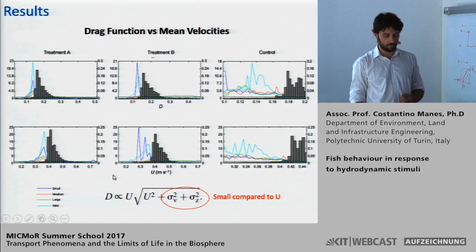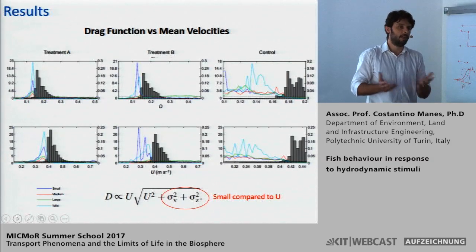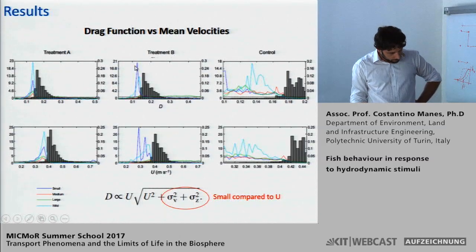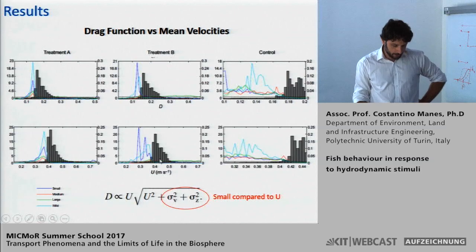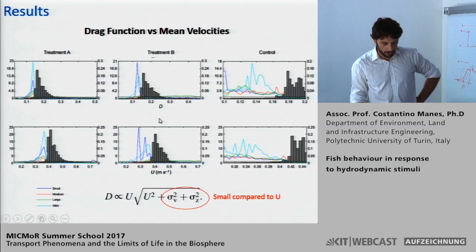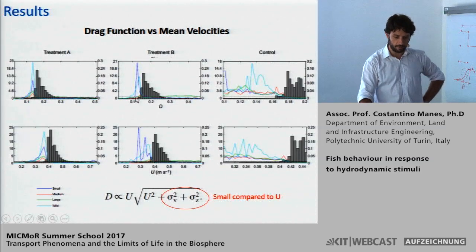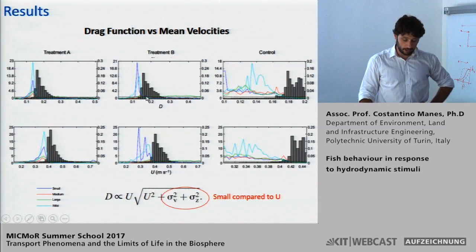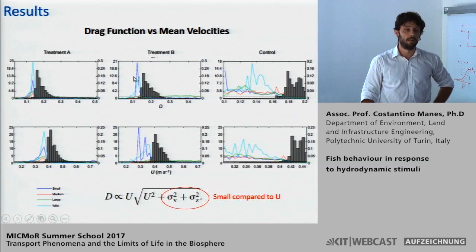So the difference between the drag function and u squared or u is minimal. Yet there are some drawbacks associated with u that are overcome by the drag function, which seems to give cleaner results.